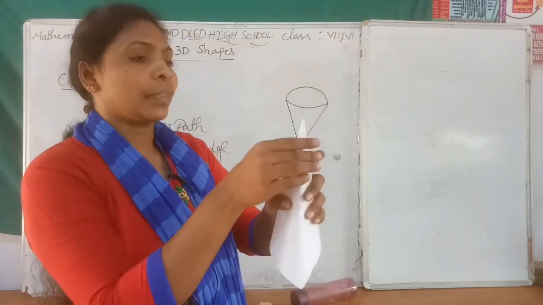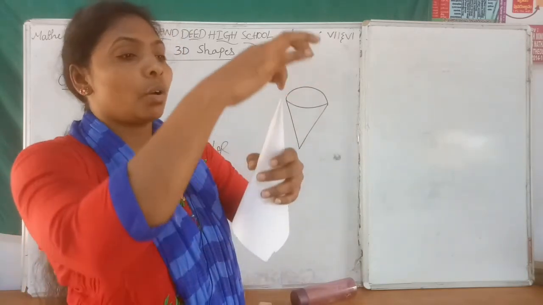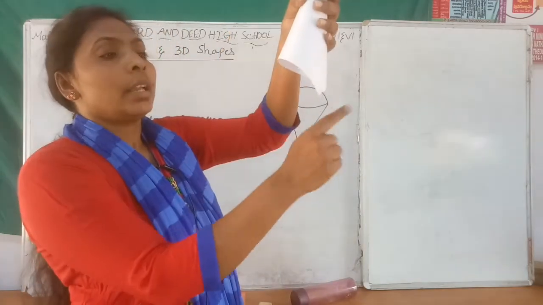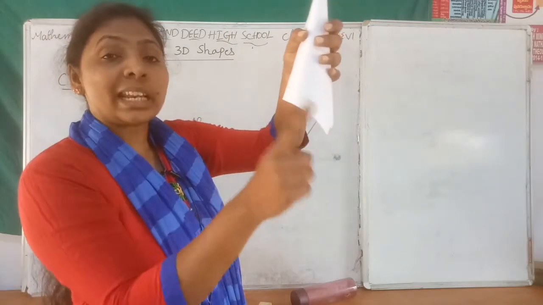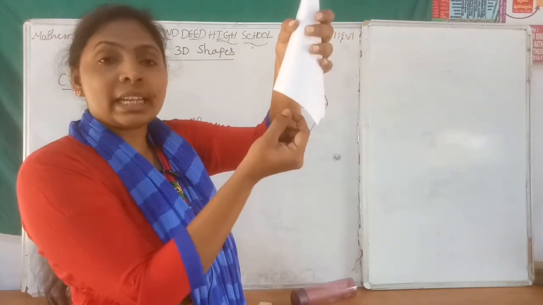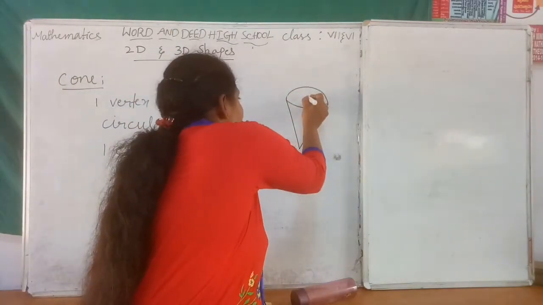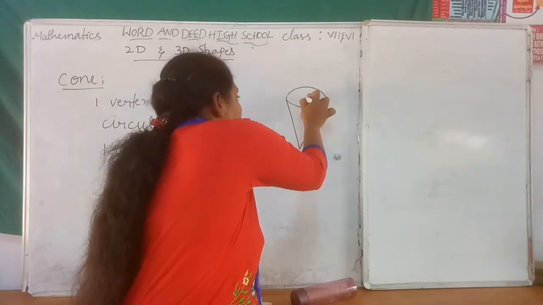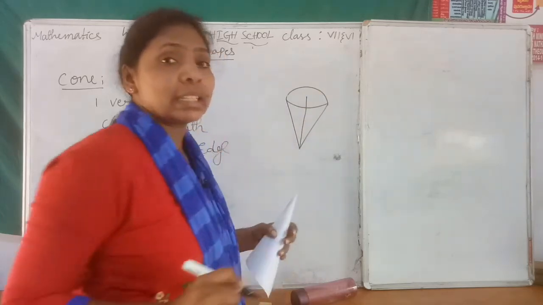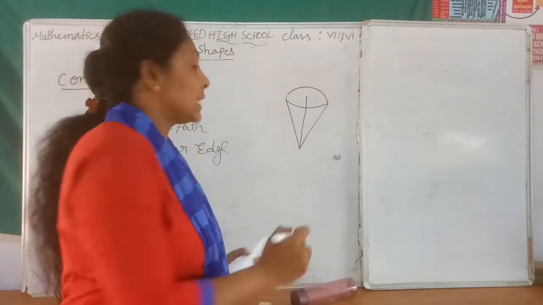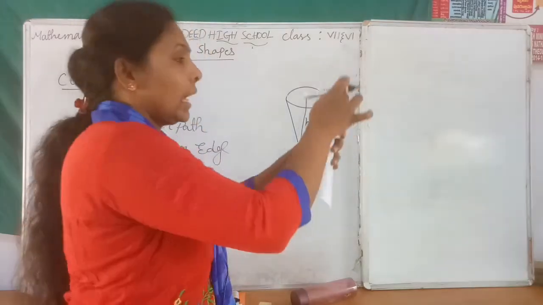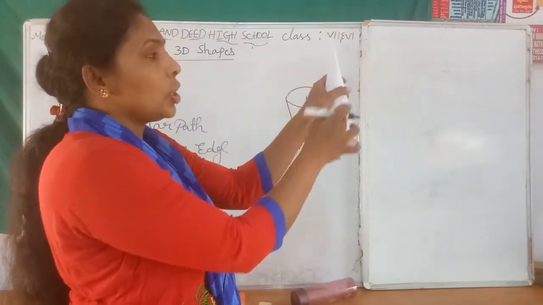We have the vertex, no? From here to the bottom is the circular edge, no, children? Here we have the center, no? In a circle we have a center. So from here to here the distance is the height.